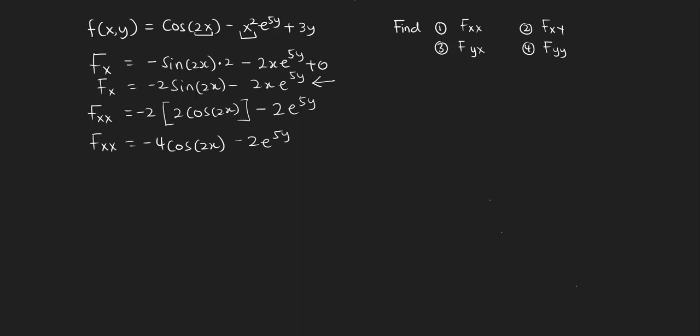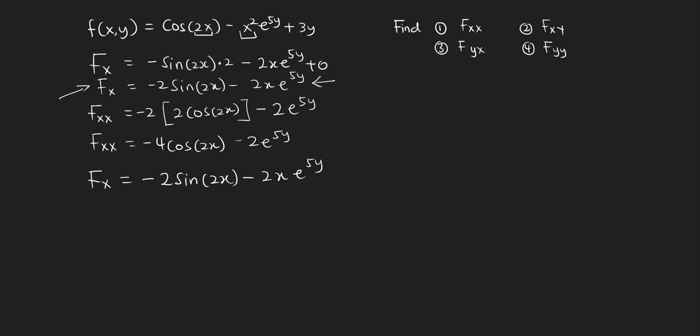Now let's find f_xy. To find f_xy, we take this f_x function here. We have f_x equal to minus 2 sine of 2x minus 2x e to the power 5y.